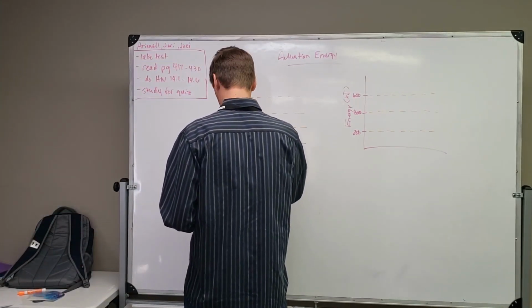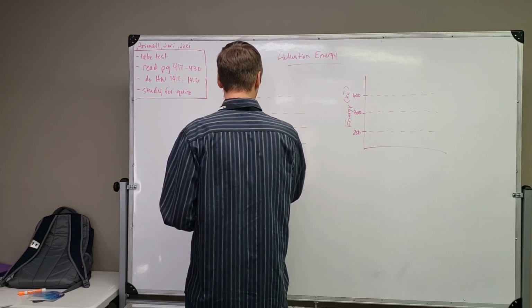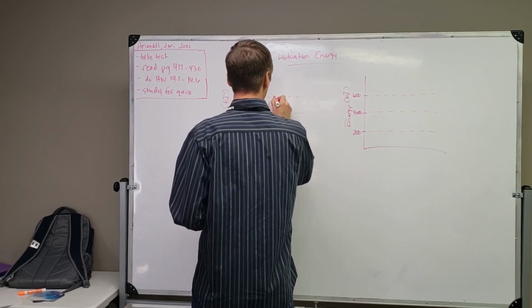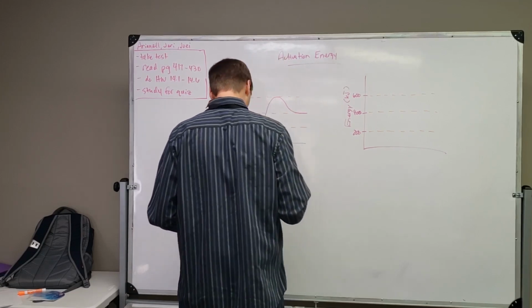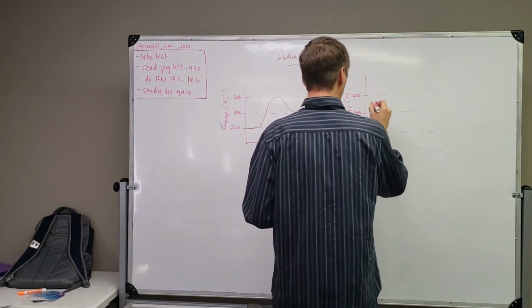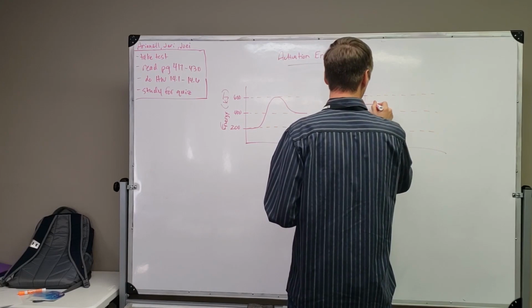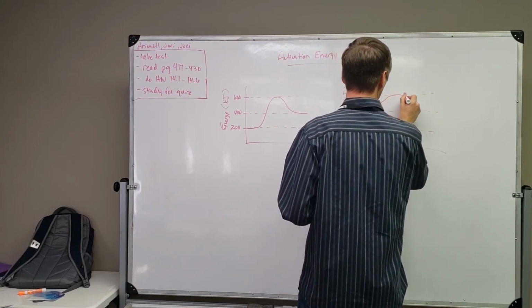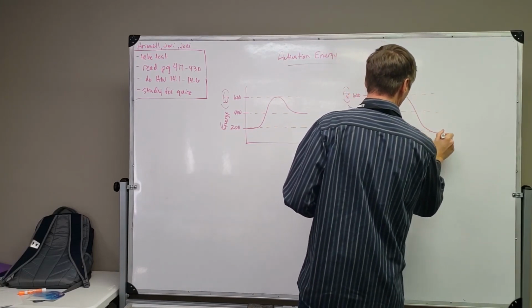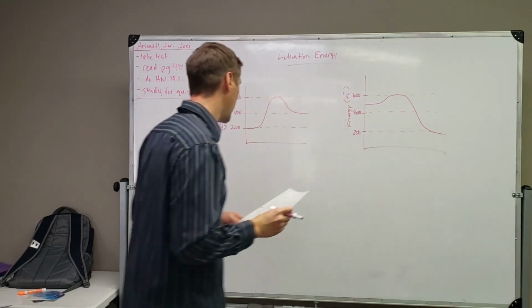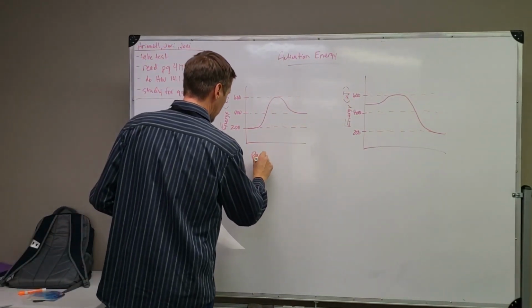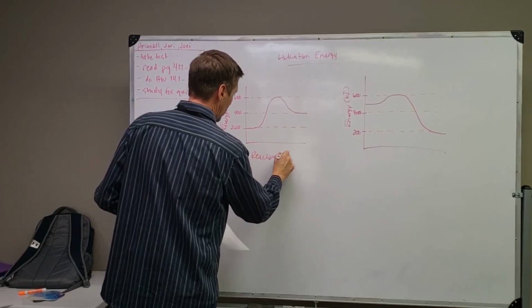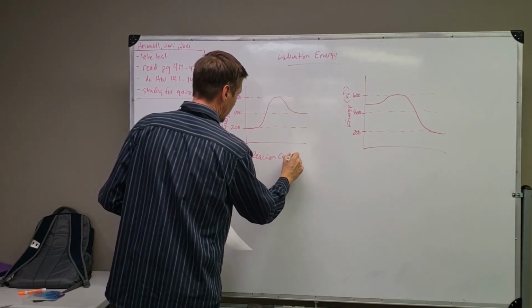It's going to go up here, come down here, come out like that. And over here I'm going to have a reaction that does this, like that. And this is the reaction coordinate.